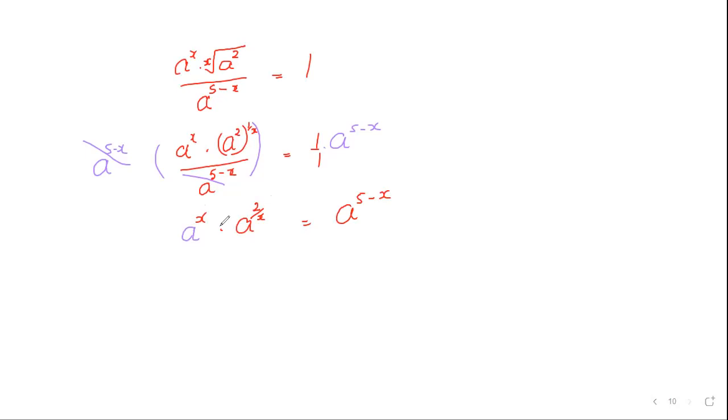Now, if I multiply the powers that have the same base, I add the exponents. I'm going to write only one. It's going to have x plus 2 over x is equal to 5 minus x. Now, once more, it's obvious that the bases are the same on both sides.